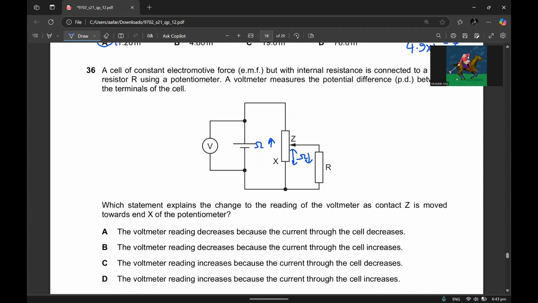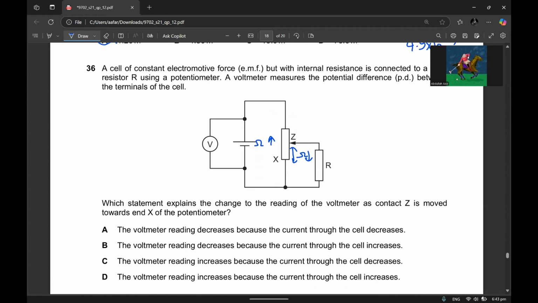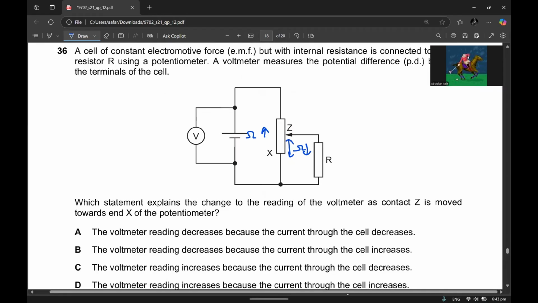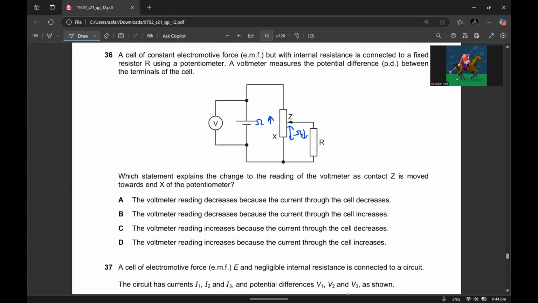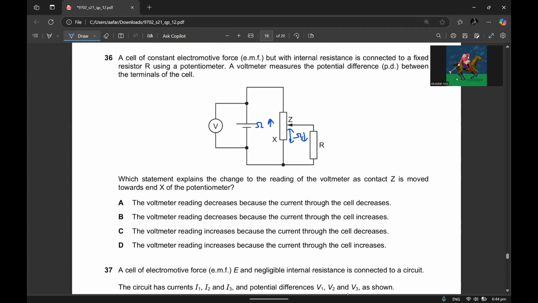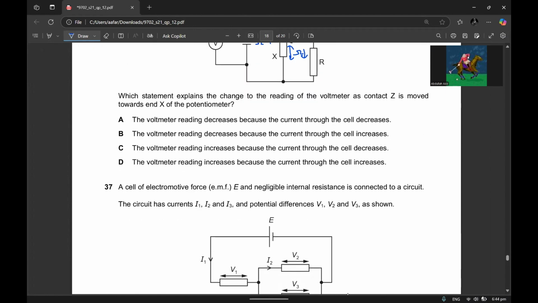That means the current increases, the current to the cell increases, and that means the voltage also increases. Wait, what? Current is decreasing. Sorry, my mind is just not working right now. Let's come back to this again.